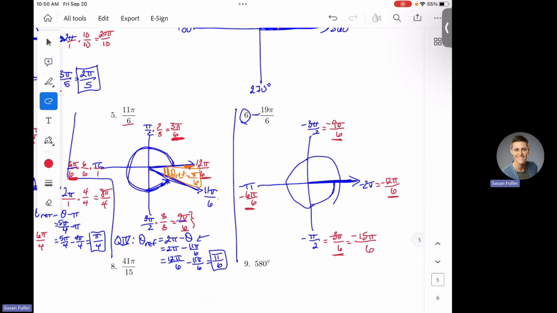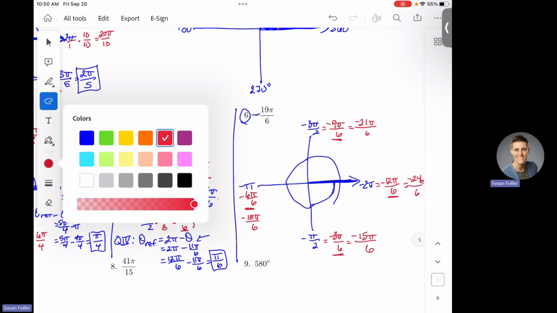I'm adding 3 every time. So it was 3, 6, 9, 12, 15 pi over 6. This is going to be negative 18 pi over 6. If I keep going, this will be negative 21 pi over 6. And if I keep going, this is going to be negative 24 pi over 6. I can use the pattern to keep going.